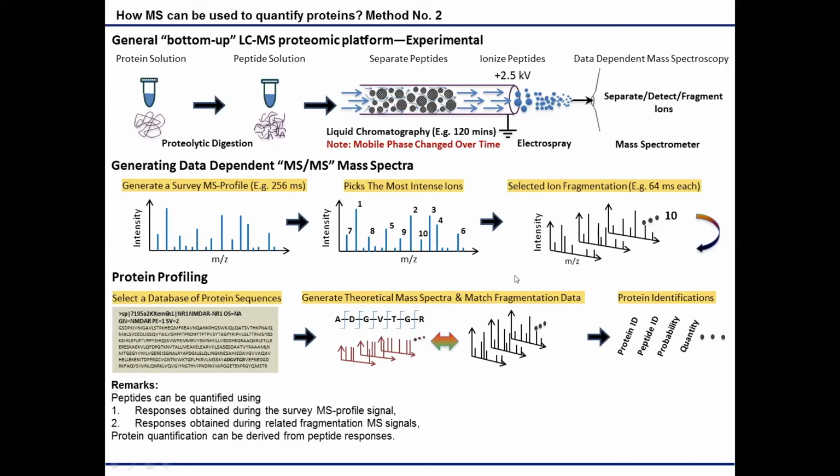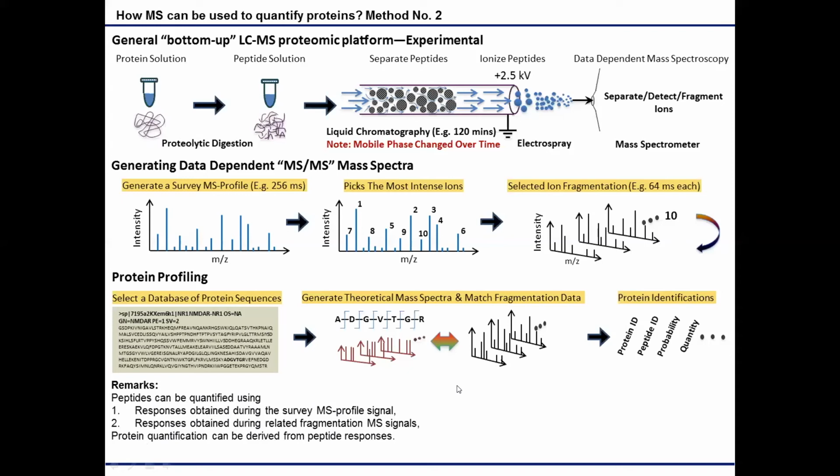What I want to really highlight here is that peptides can be quantified using responses of the survey MS profile or responses obtained from the related fragmentation MS signal. So protein quantification can then be derived from peptide responses.